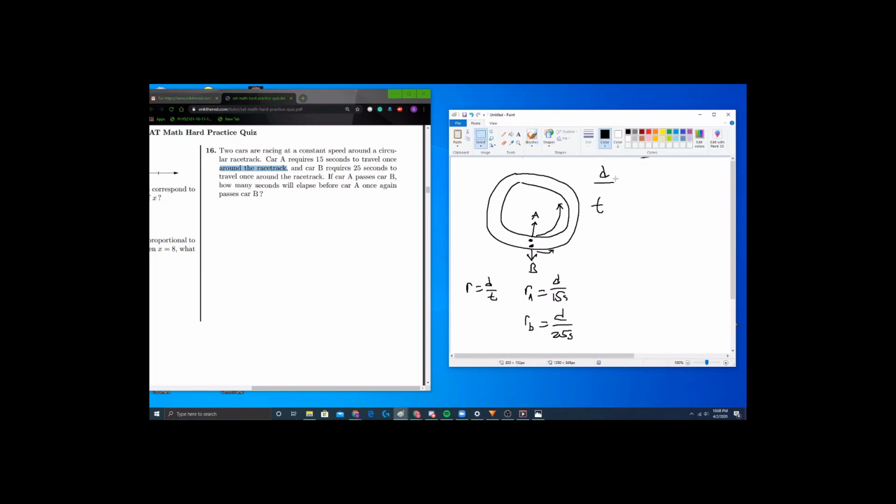We also know that if car A is to pass car B again, car A has to travel another racetrack length ahead of car B. So in order for A to pass car B, A has to go an extra length of D, an extra racetrack length.